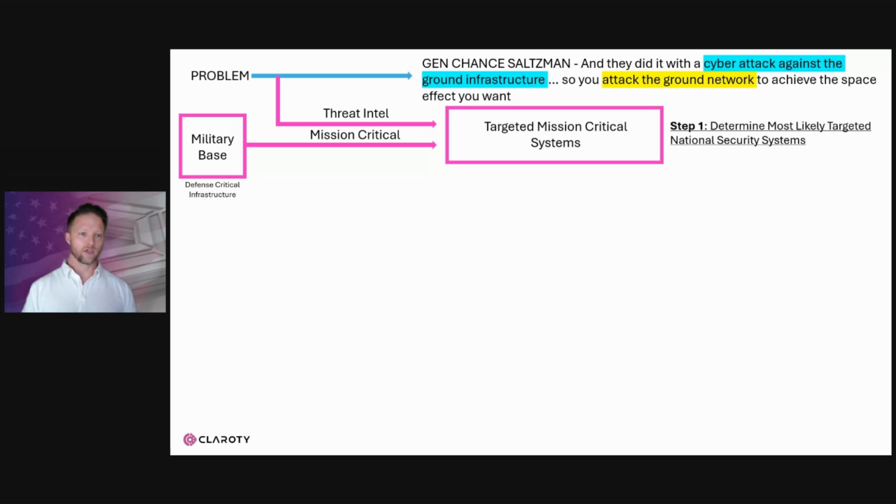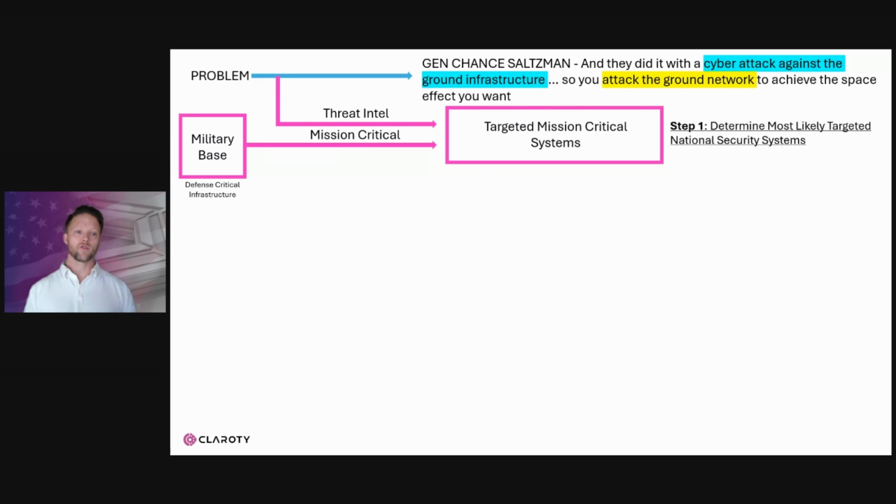So if you think about what General Chance Saltzman highlighted there, a critical infrastructure attack started with a cyber attack against ground systems, right? And that would be considered threat intelligence. So knowing what an adversary is trying to attack can help you understand what systems are being targeted by the adversary. So you want to first gather threat intelligence about the systems that are being targeted.